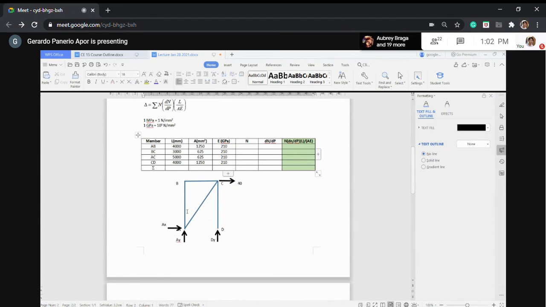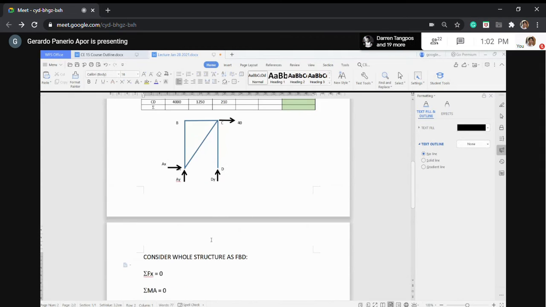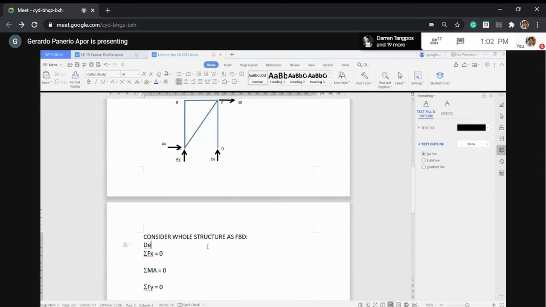But we can only determine the real load if we know the external reaction. So determining the reactions AX, DY. Okay, so we do summation of forces X first.